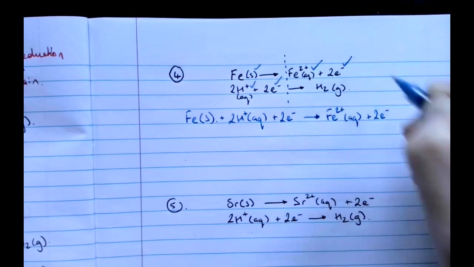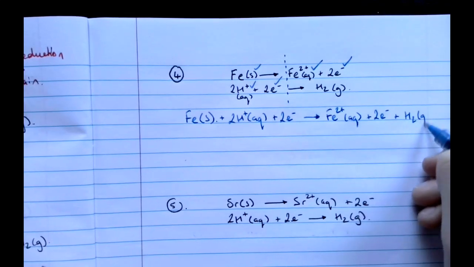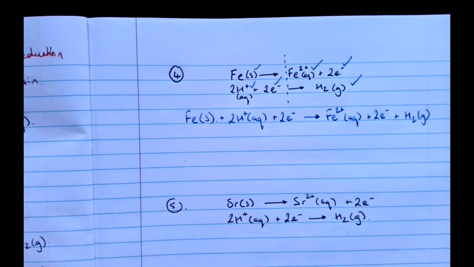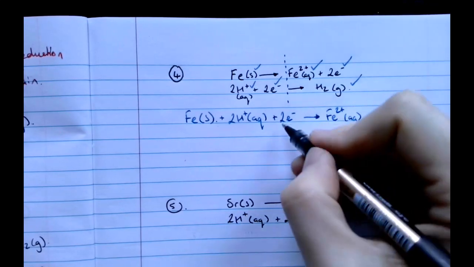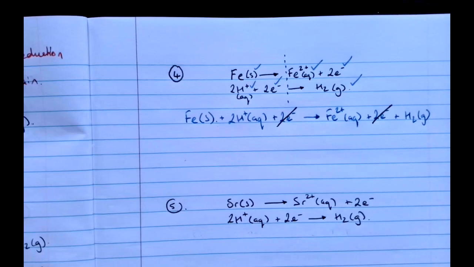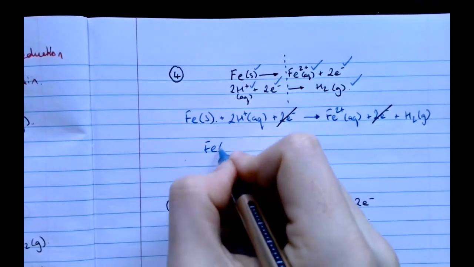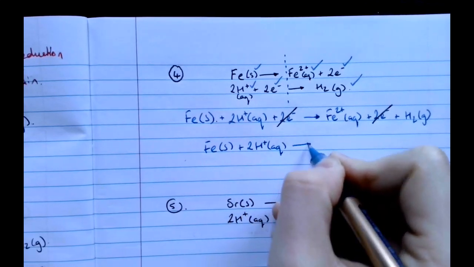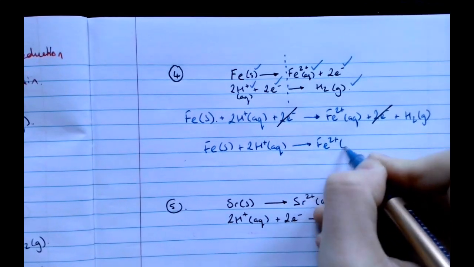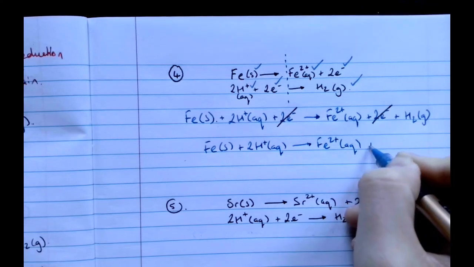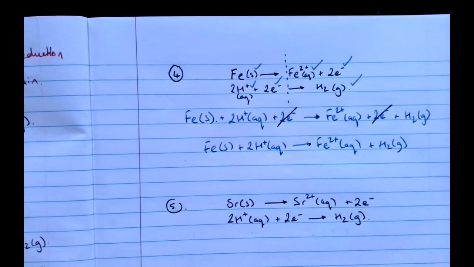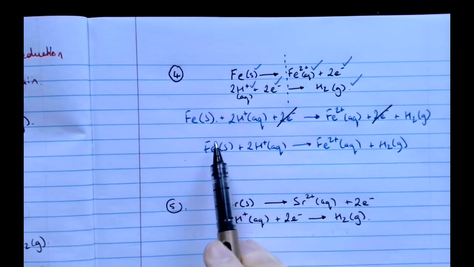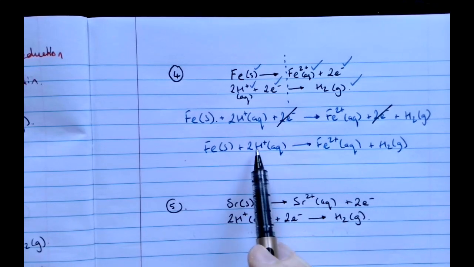And now we can look at it, and again, anything that you see on both sides of the equation, you can get rid of. So we don't need the electrons anymore, and we have just iron plus 2H+ (aq) will give us Fe2+ (aq) plus H2 gas. And what's that? That is iron reacting with an acid to form a dissolved ionic compound and hydrogen gas.